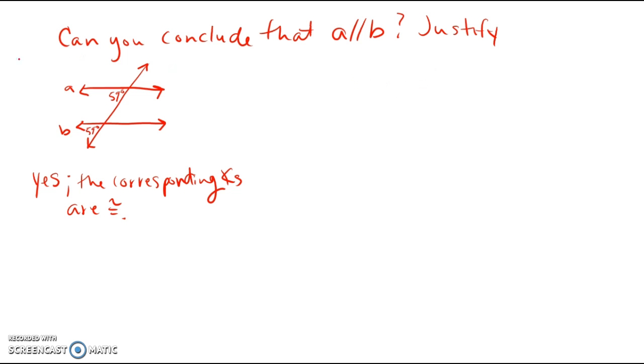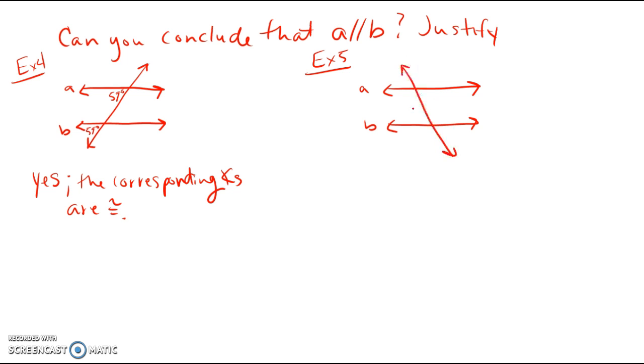Here's another one. So I would call this example 4, so then we could call this example 5. Two lines, we're going to call them A and B again, and our transversal. Here we are at 121 and 122.